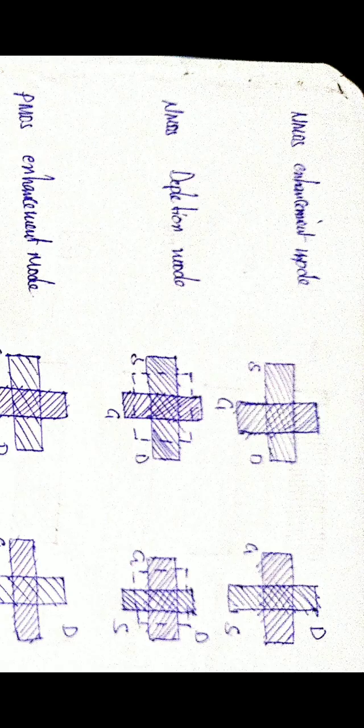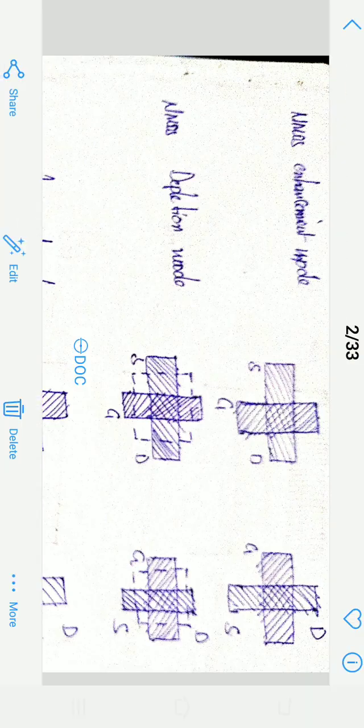For N diffusion we draw a box and cross lines from top to bottom. In the first diagram I have drawn the N diffusion horizontally and the polysilicon vertically. Similarly, we can draw the polysilicon horizontally and the N diffusion vertically.